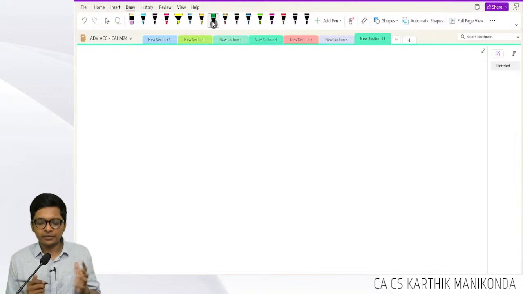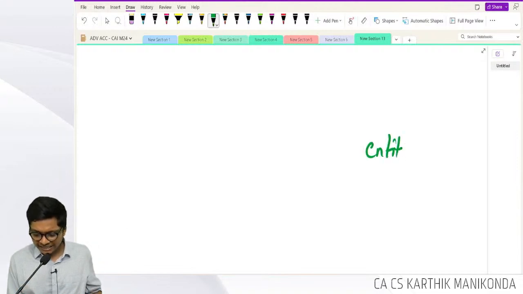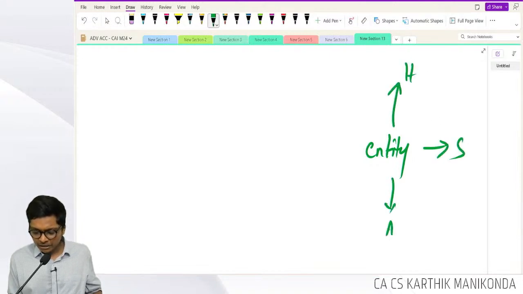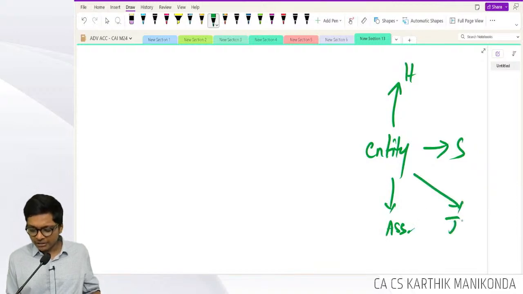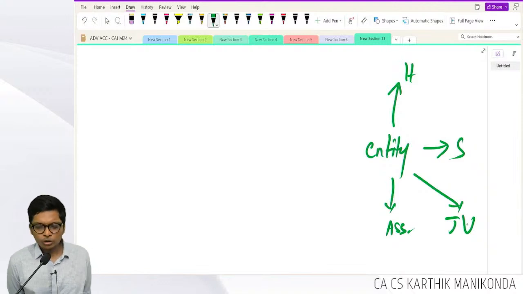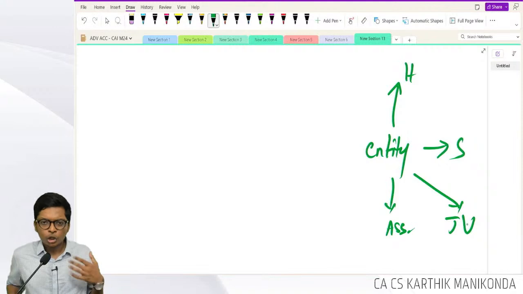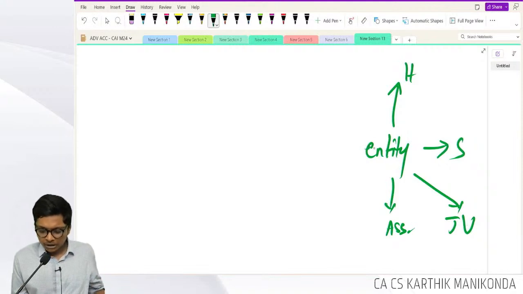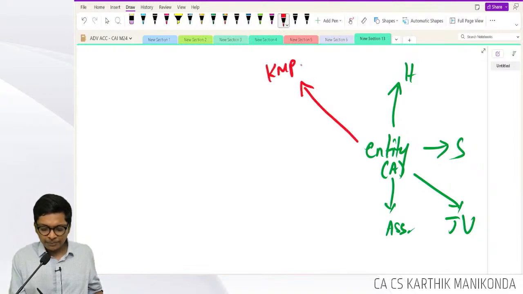So I'm going to draw something for you. There is an entity. Holding, subsidiary, associate, and joint venture are related parties for the entity. Look at this diagram. Let me call this entity A. In entity A, there is KMP plus relatives; they are related parties for the entity.